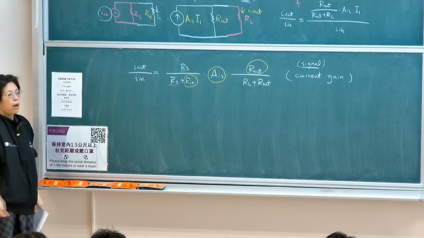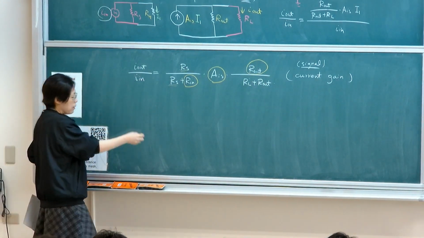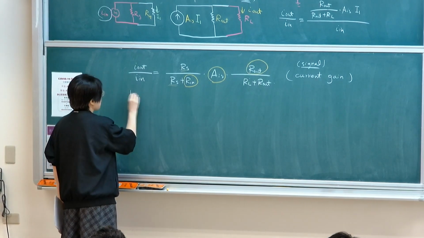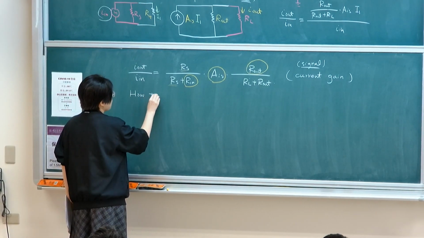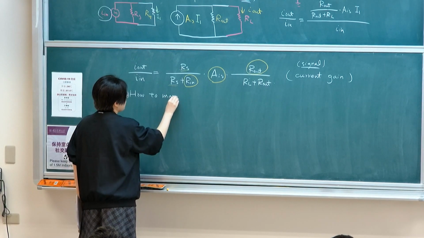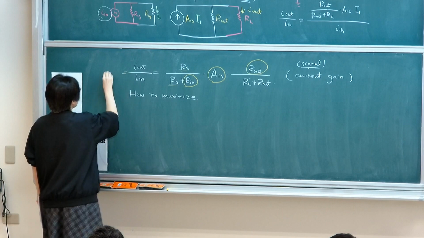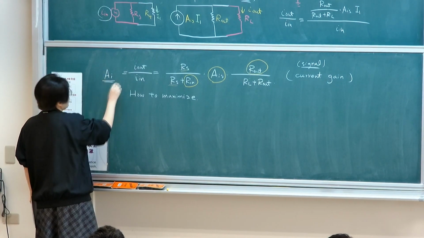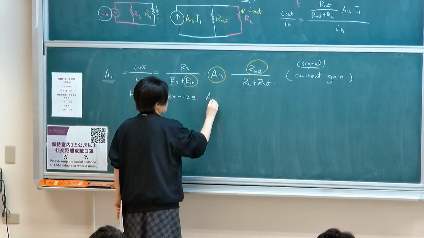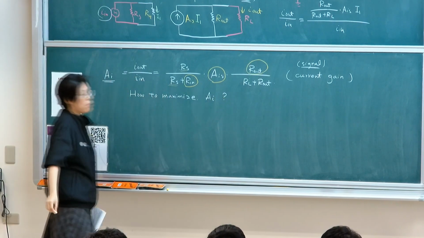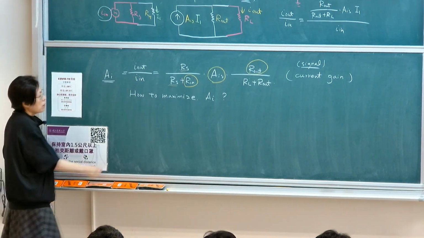So if you want to maximize this, how does one maximize the current gain? Let's say this is my current gain. How does one maximize it?